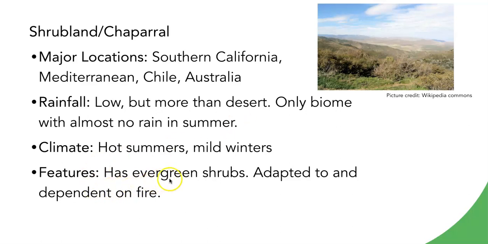Now, evergreen in this term, looking at this picture, if you're familiar with the hills in Southern California, sometimes they look completely brown. But what evergreen means is that the shrubs are not deciduous. So evergreen is the opposite of deciduous, and so the leaves stay on the shrubs during the winter.